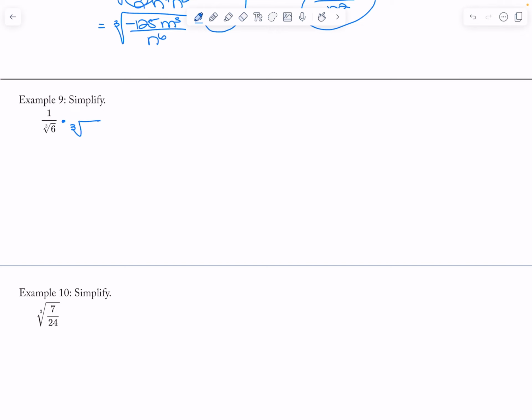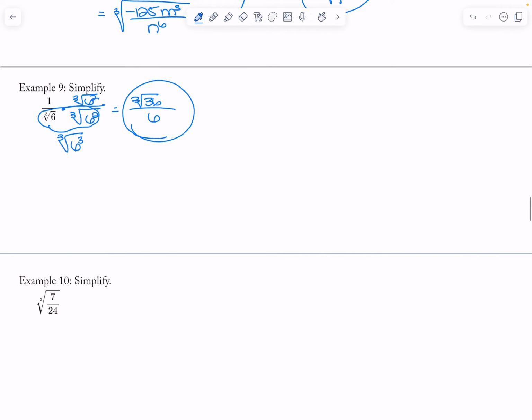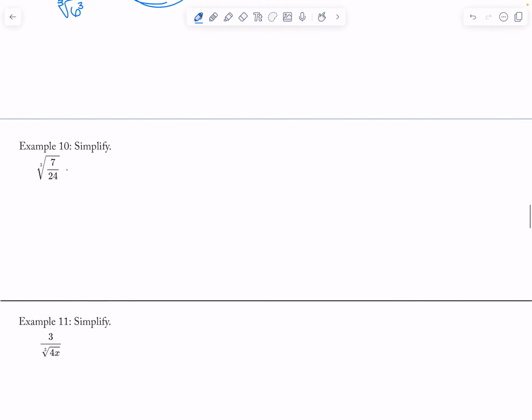So I need not just one 6, I need two of them to get me to a perfect cube. So now this is going to be the cube root of 36, and then this is over 6, because this down here gives me the cube root of 6 cubed, and the cube roots cancel out. Okay, so that's what we're actually going to be striving for.